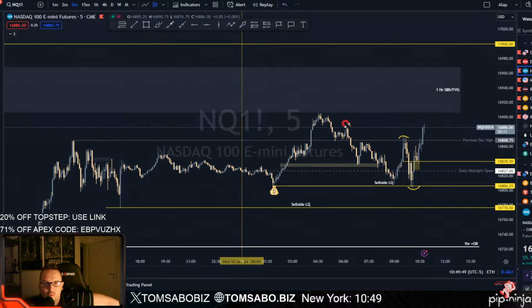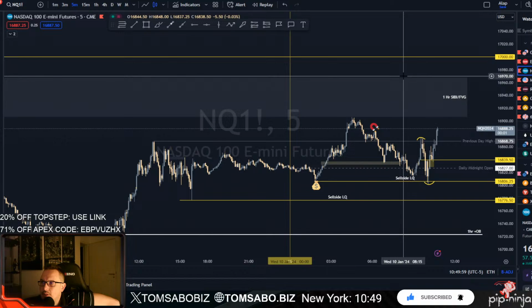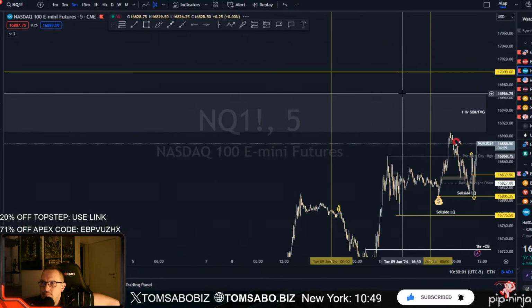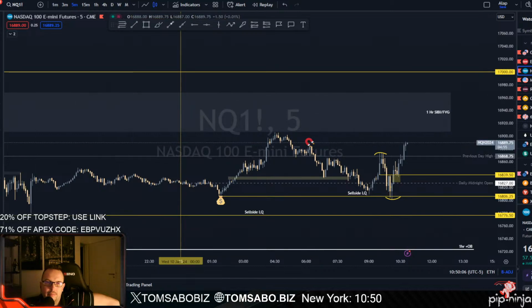You can look at it as you want, but that's the nearest target. And if we are supporting the bullish narrative, then we do have nice targets on the 1 hour up there. So if it wants to take it out, of course.